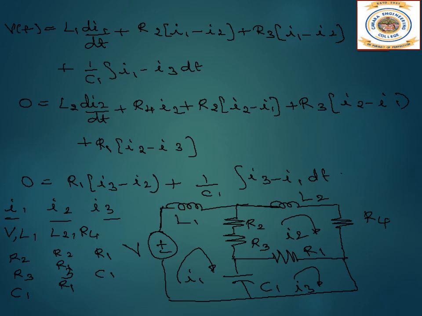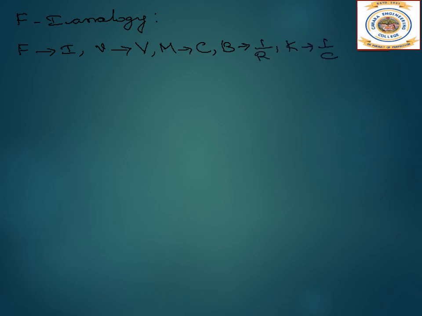Next we have to do the force-current analogous circuit. Let me write the equations for the force-current analogy. Force is analogous to current, velocity is analogous to voltage, M is analogous to C, B is analogous to 1 by R and K is analogous to 1 by C. Now let us write the equations.